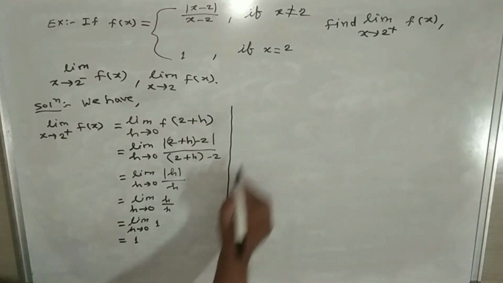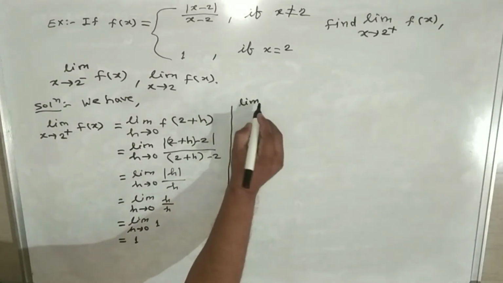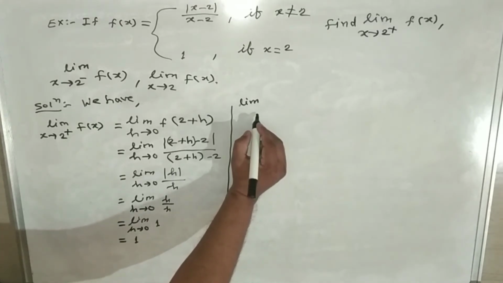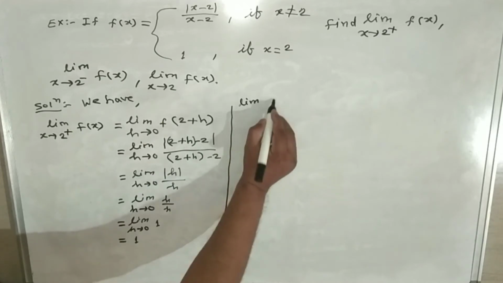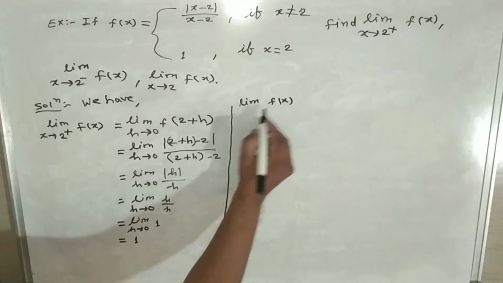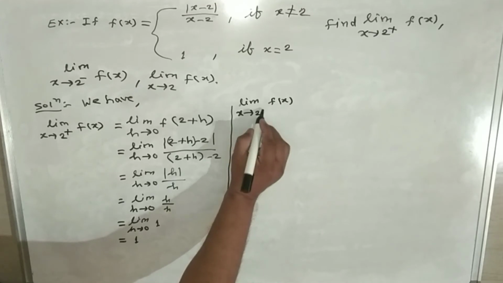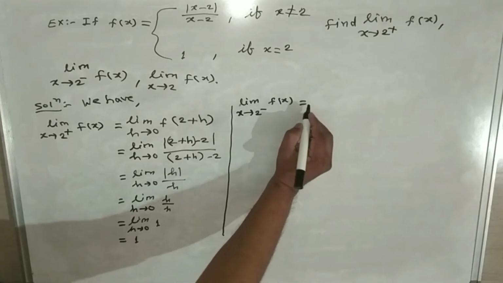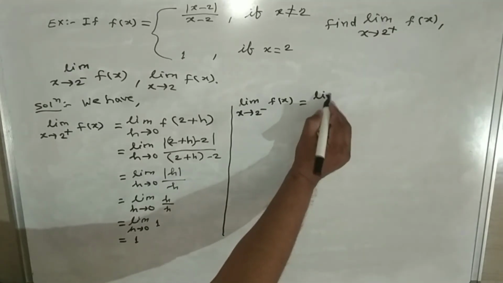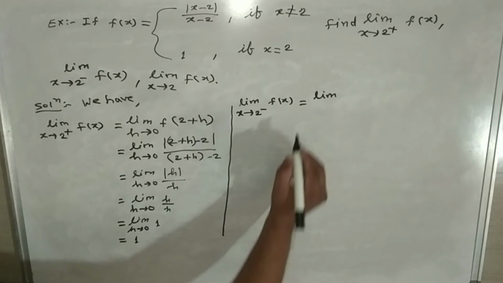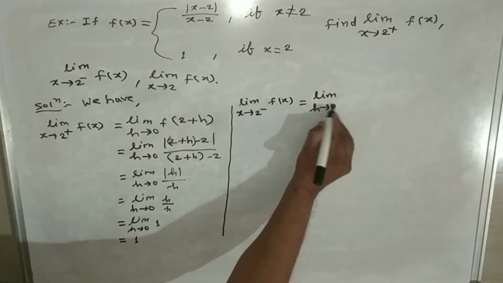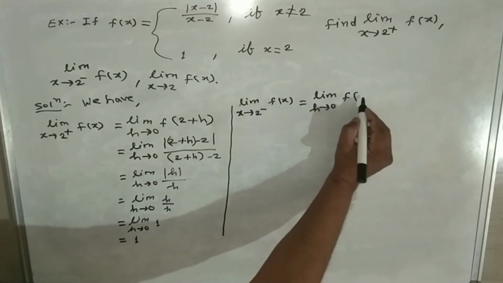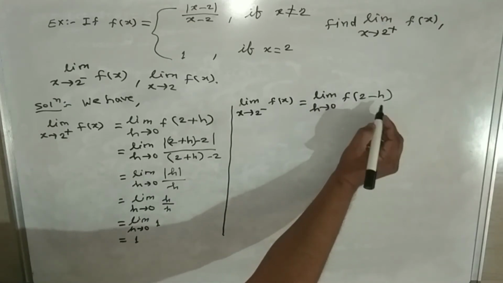Now for the left hand limit of a function f of x as x tends to 2 minus, that is the left hand limit of this function. What do you get? You get limit as h tends to 0 of a function f of 2 minus h.